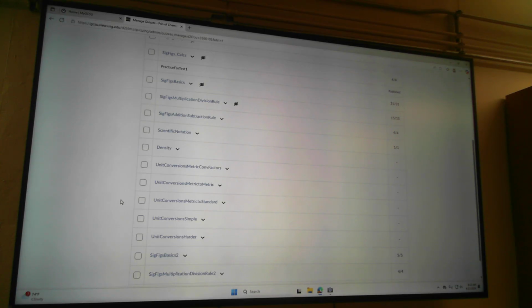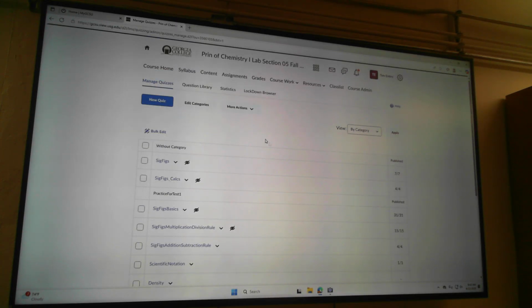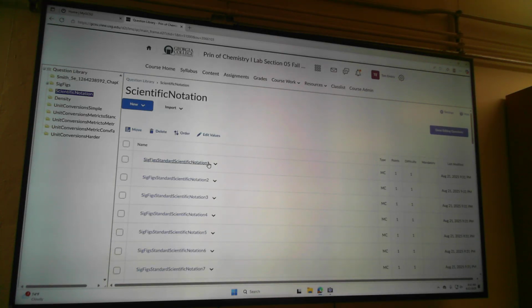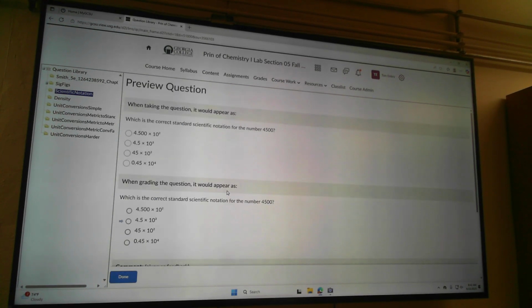I guess we'll look at the scientific notation one, and then I'll cover density a little bit. Is that correct? Yes.